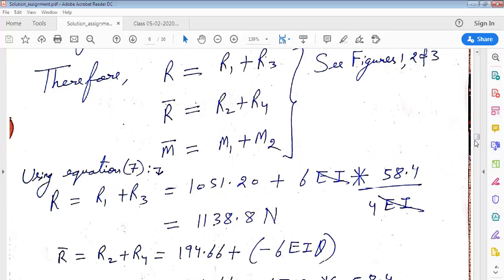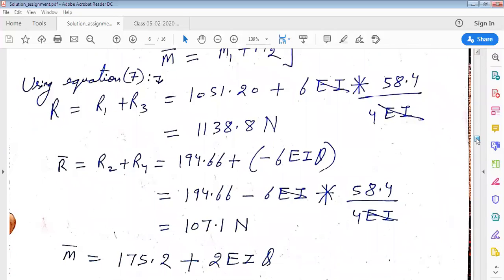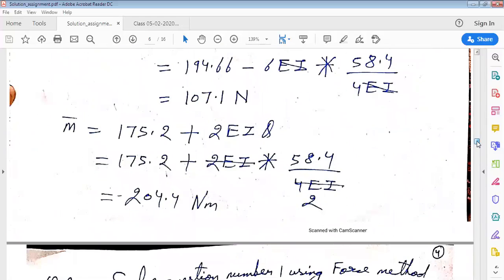So from here, the value of R comes out to be 1138.8 Newton, R bar comes out to be 107.1 Newton, and M bar equal to 204.4 Newton meter.